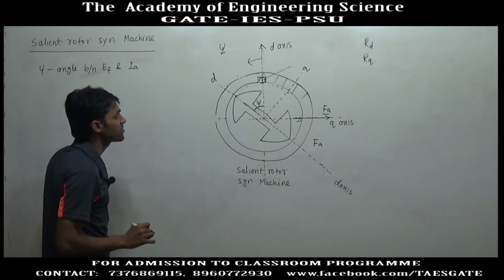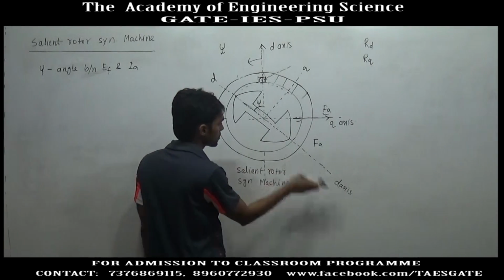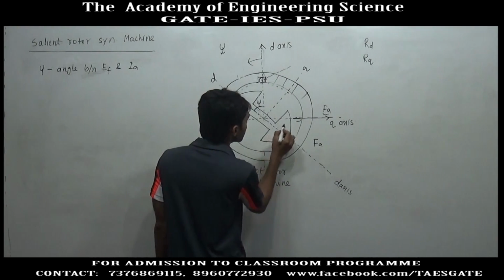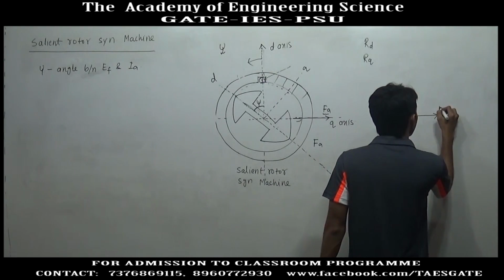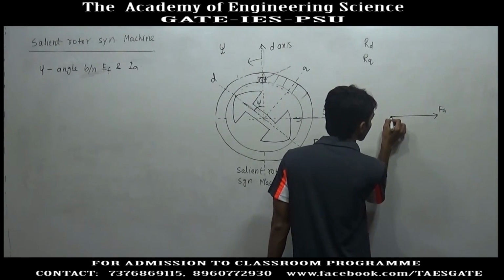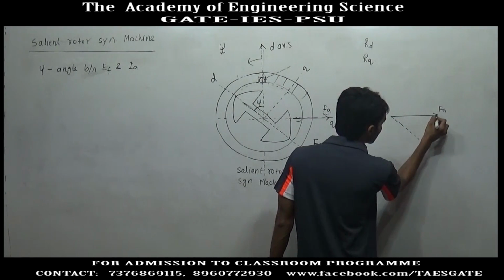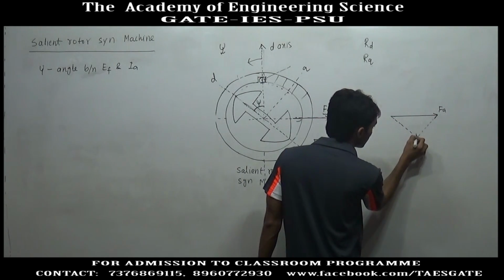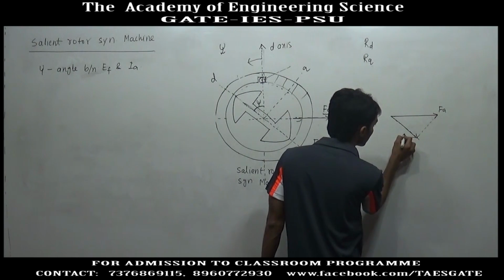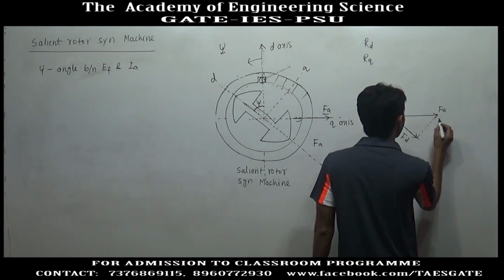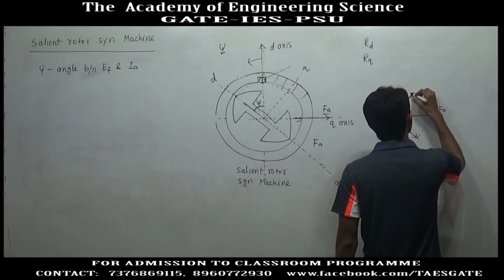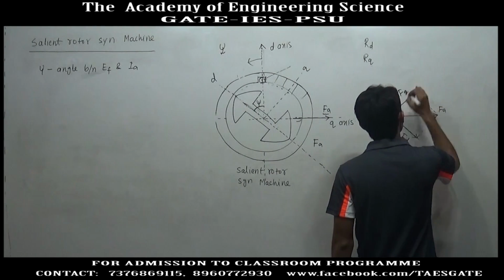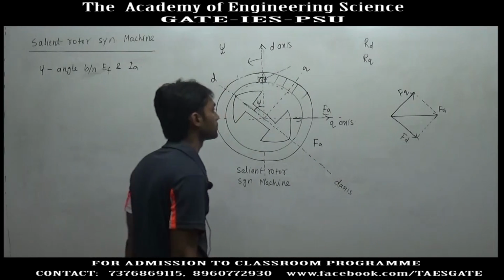So, armature MMF is resolved in the direction of these two axes. Suppose this is the armature MMF, one component will be the D axis component of armature MMF, this is FD, and the other component will be perpendicular to it, this is armature MMF along Q axis, FQ.